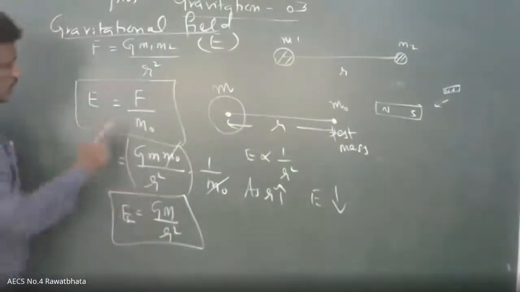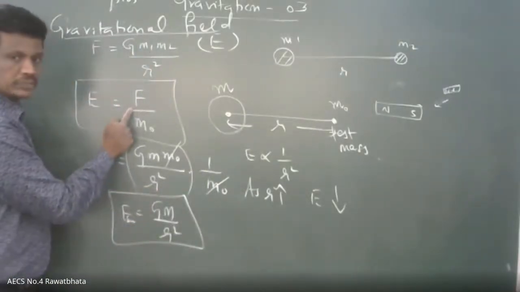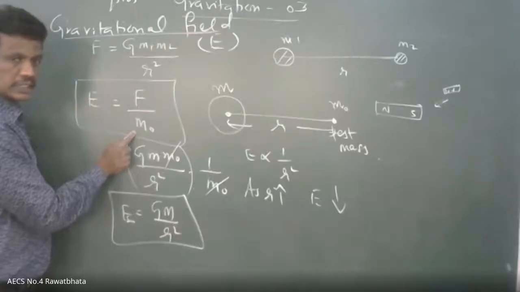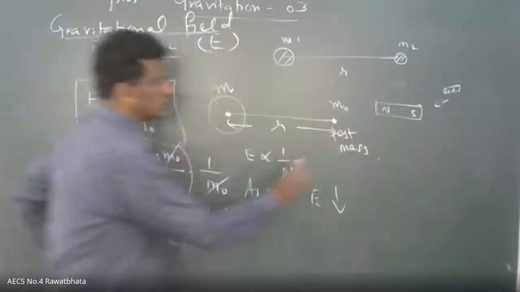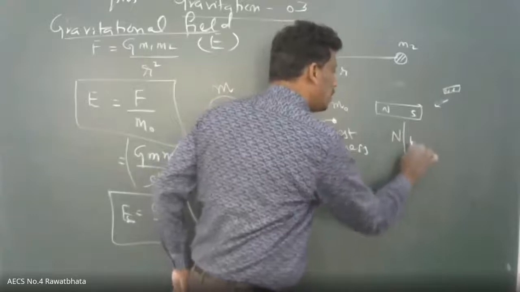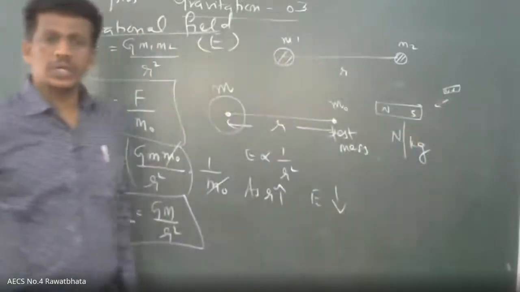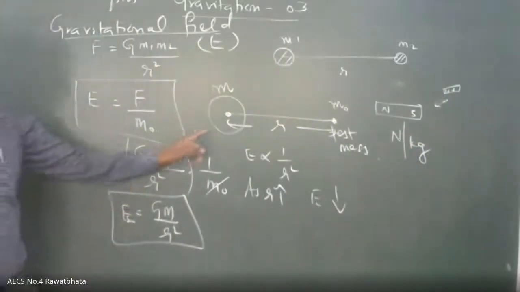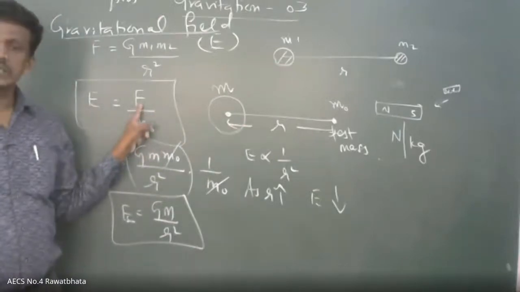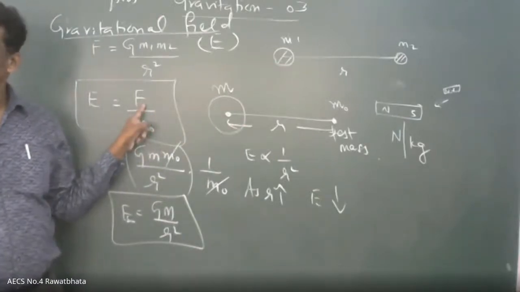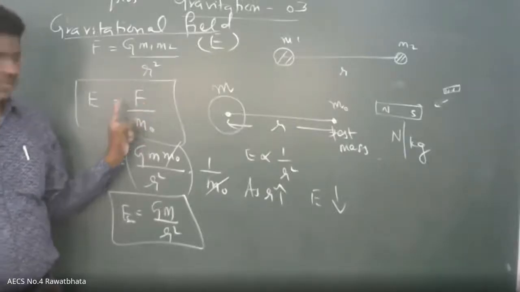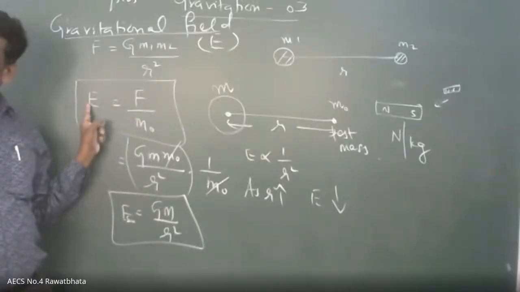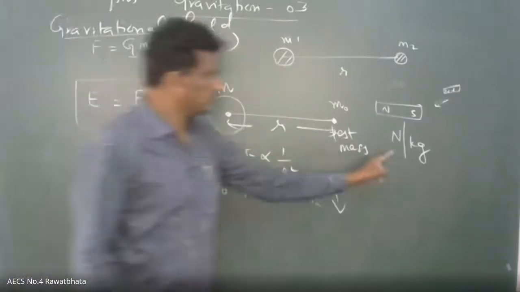What is the unit of force? Newton. Mass? Kg. So the unit is Newton per kg. Is gravitational force a vector or a scalar? Vector. Any force is a vector, so automatically the field is also a vector.